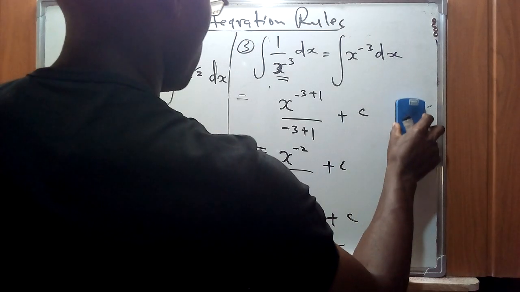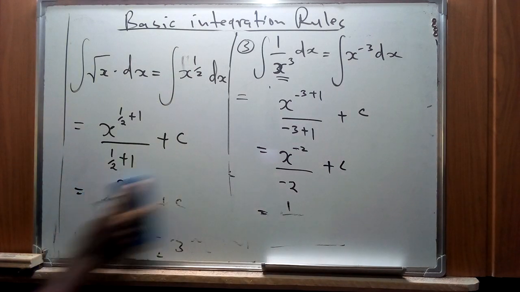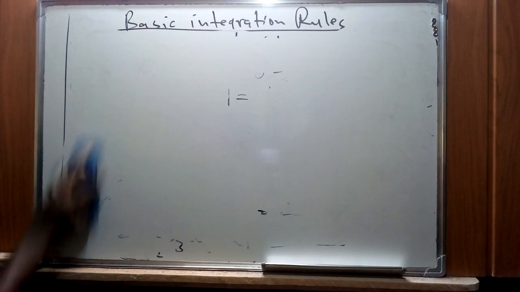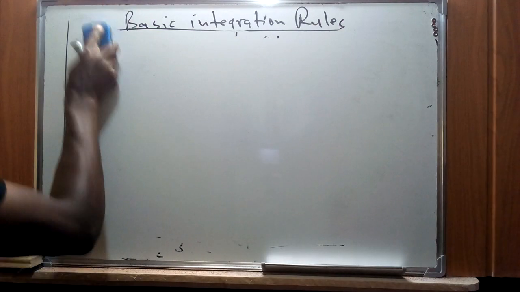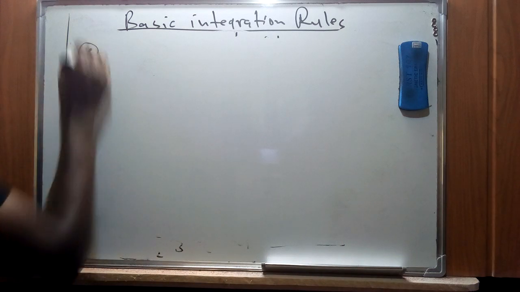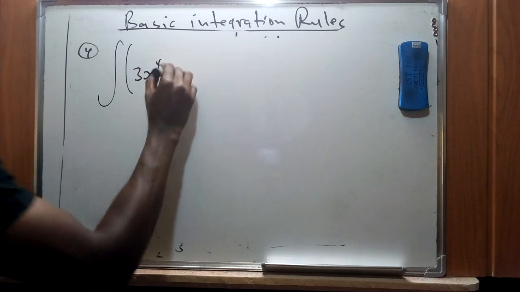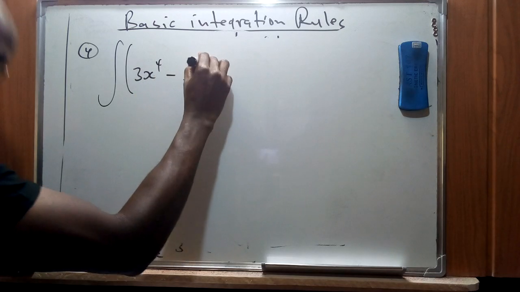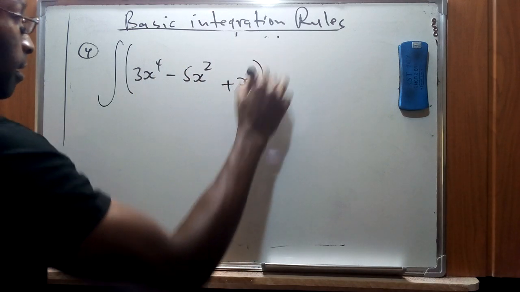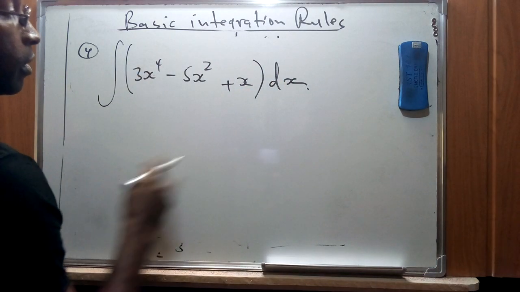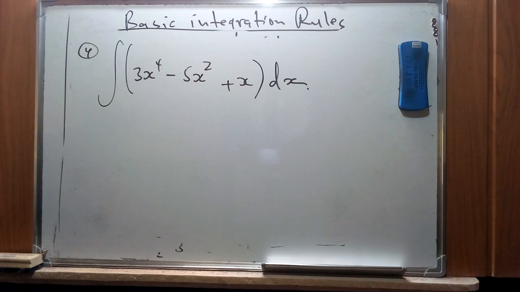And lastly, maybe we can look at a combination that entails the two concepts for the powers and the constant multiple rule. And that is example number 4. Suppose we are asked to find the integral of a function, which is 3x to the 4 minus 5x squared plus x dx. This one we just apply the basic rules for exponents and the constant multiple rule that we have already discussed.